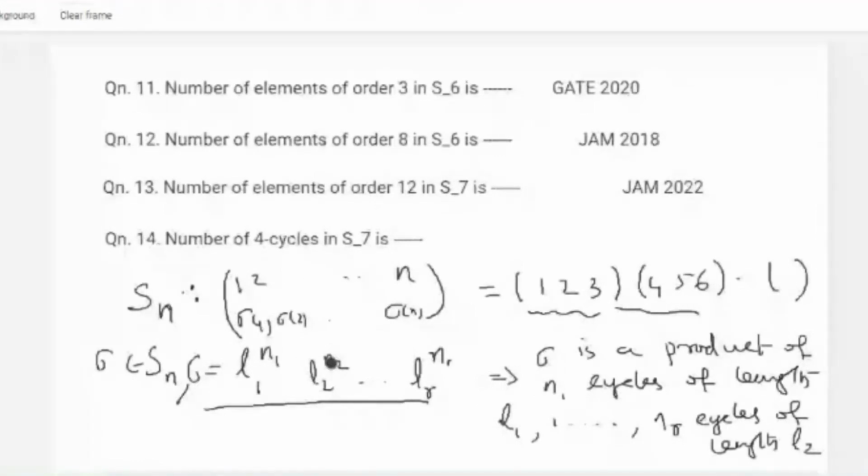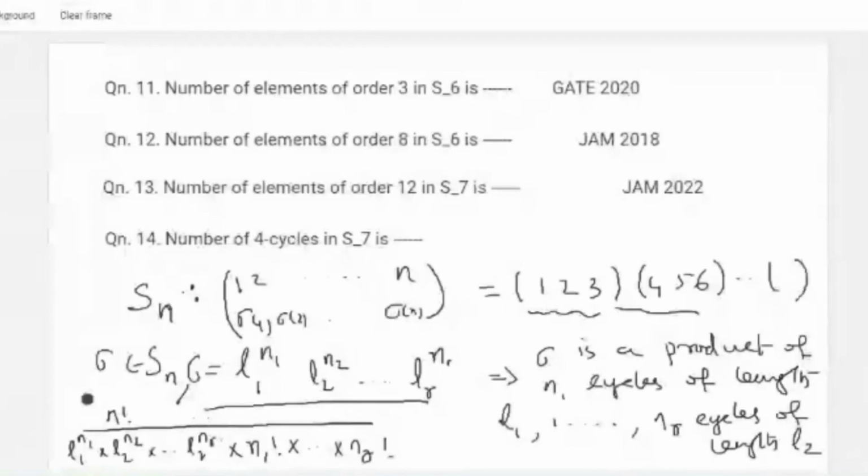How many cycles of length 2 are there? How many cycles of length 3 are there? And so on. Okay. So if we write sigma like this, the number of elements in Sn having this structure can be computed using the formula n factorial divided by L1 raised to N1 into L2 raised to N2 into etc., Lr raised to Nr into N1 factorial into etc., Nr factorial.